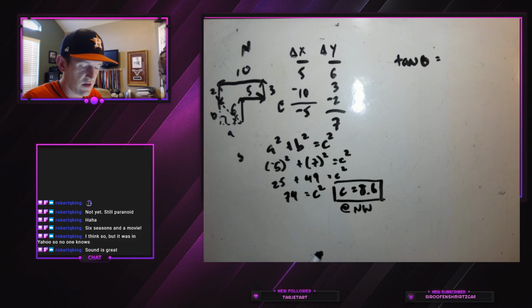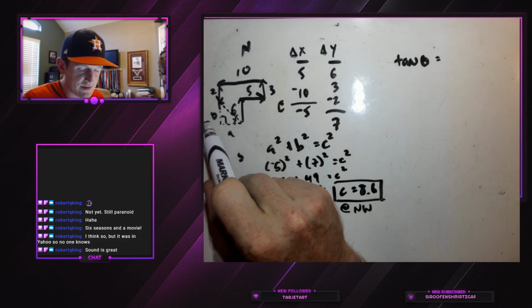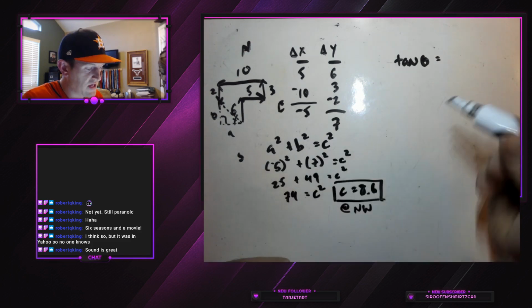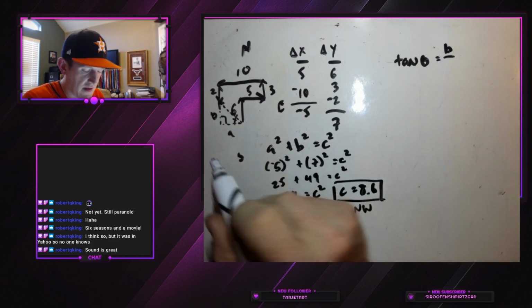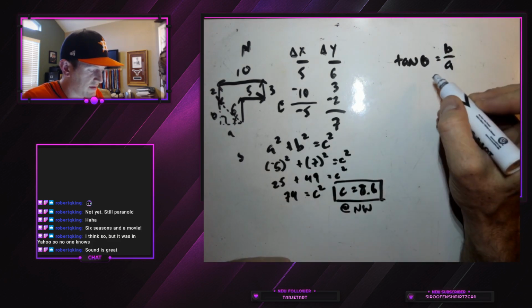Now the tangent of our angle, and I've marked which angle I'm going to be searching for, is equal to the opposite side over the adjacent side. Now the opposite side from this angle is B over here, and our adjacent side is A, right there.